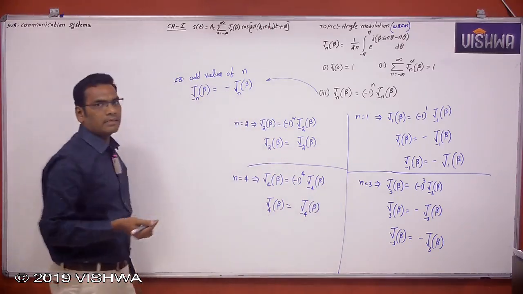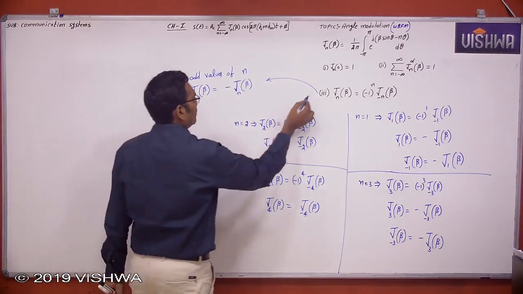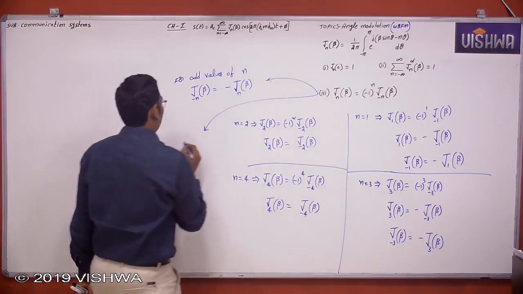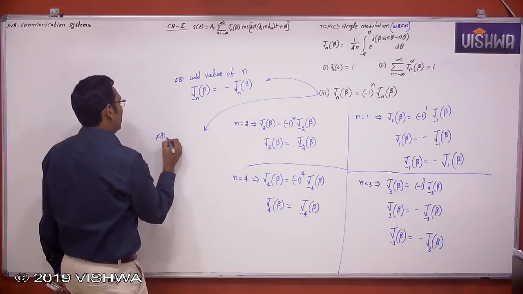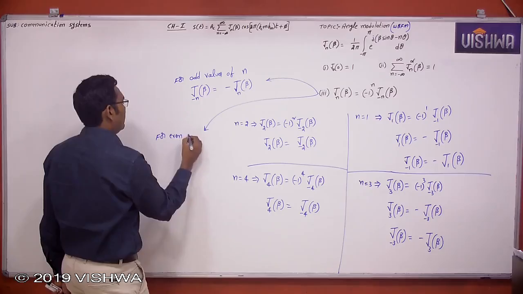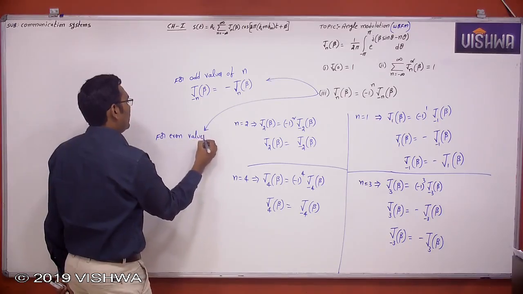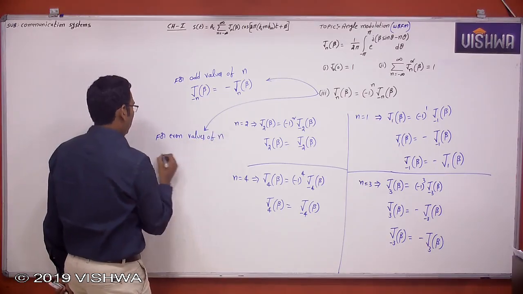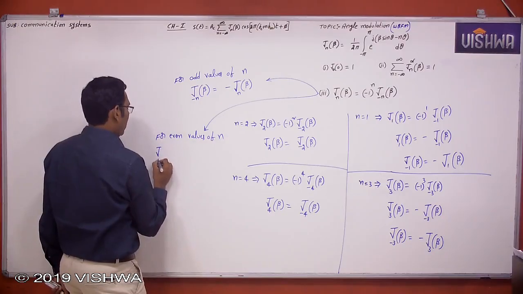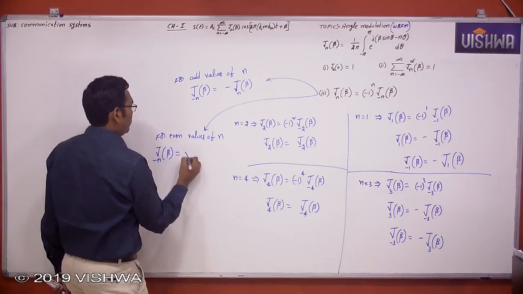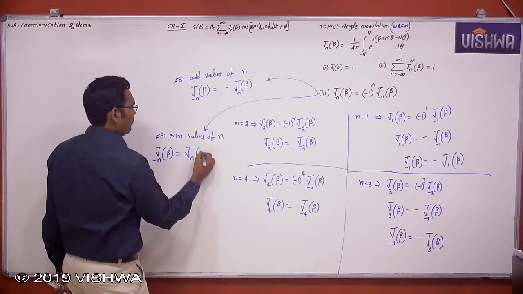So what we can understand here, for even values of n, J minus n of beta is equal to Jn of beta.